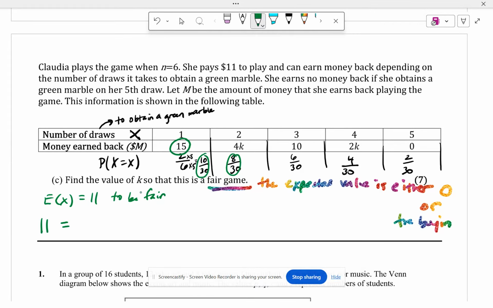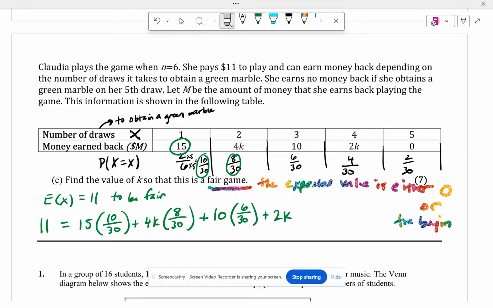$15 will be earned 10 out of 30 times for the game ending on the first draw. $4K will be earned 8 out of 30 of the times when the game ends on the 2. $10 will be earned back when the game ends on a 3, which happens 6 out of 30 times. 2K will be earned back when the game ends on the 4th draw, which happens 4 out of 30 times.